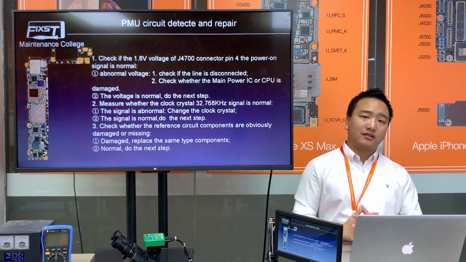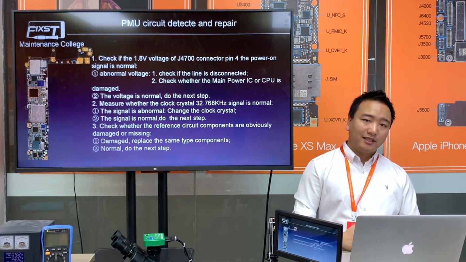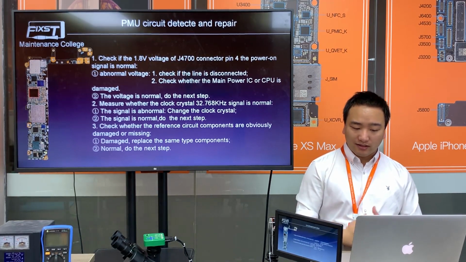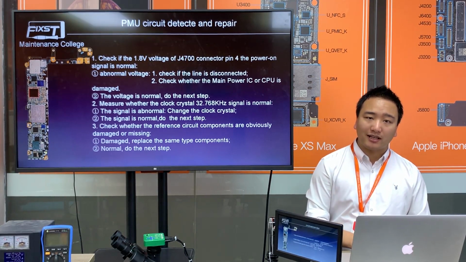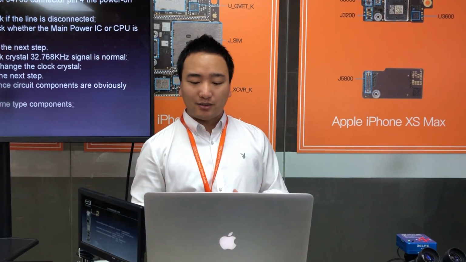So in this case, we can make a jumper to bring 1.8 volts from another place to this line, and this line will then work normally.